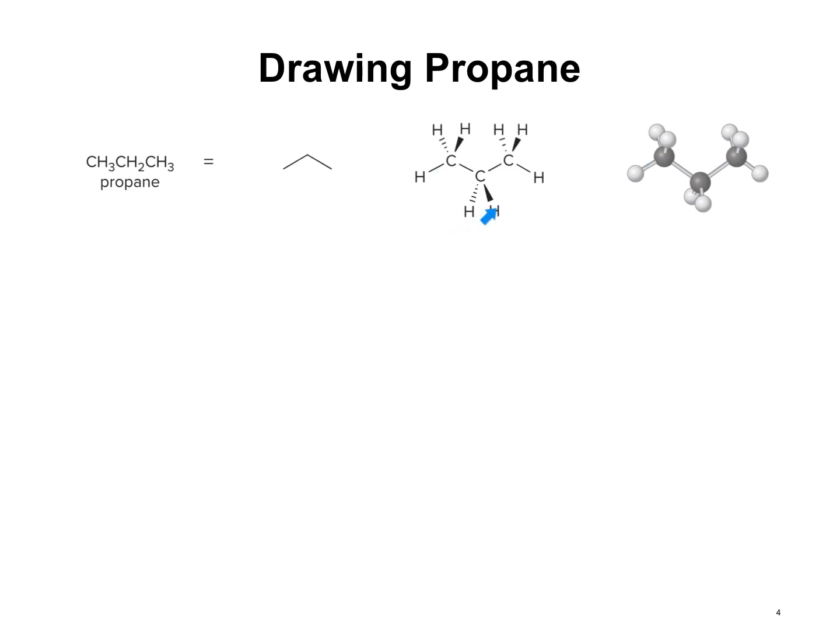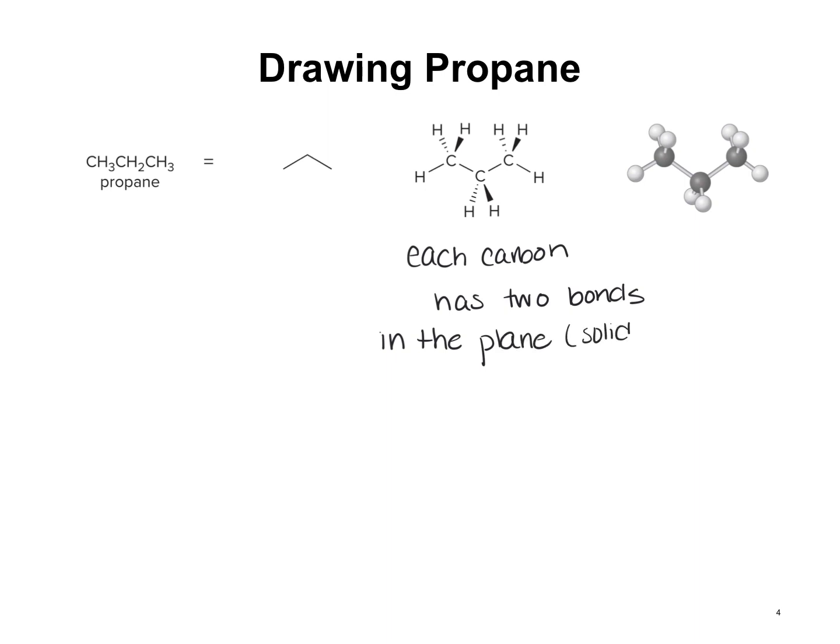What you notice here is that each carbon has 2 bonds in the plane, which are solid lines, and 1 bond in front, which is on a wedge.